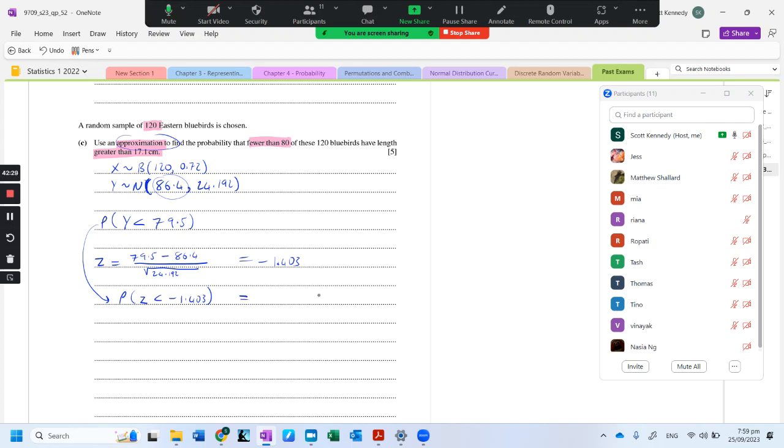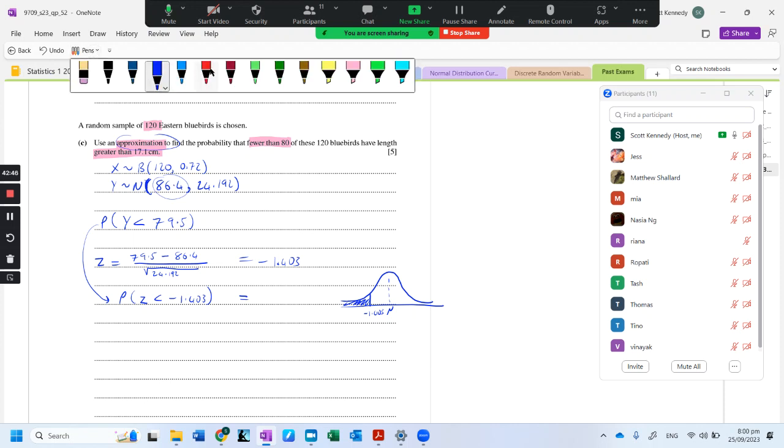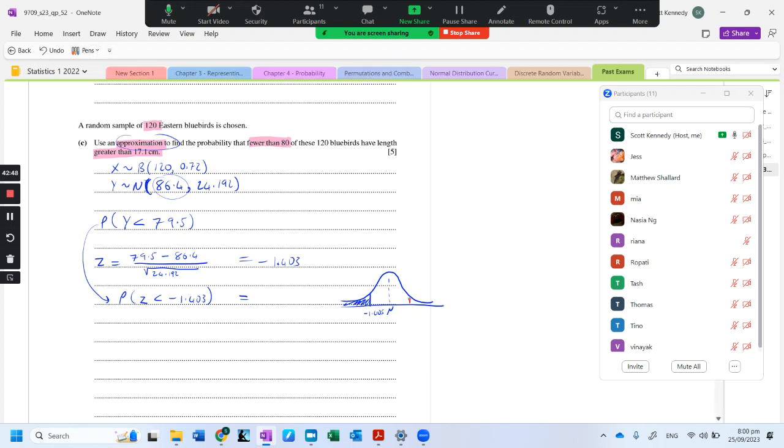Okay, so if we think of our normal distribution, negative 1.403 is out here, right? And we want less than that, okay? So we're looking at this bit here. So just using our symmetry, we could find phi of 1.403 and then subtract that from 1, and that will give us this bit here, which, if I had drawn a decent diagram, would be equal to the blue bit.